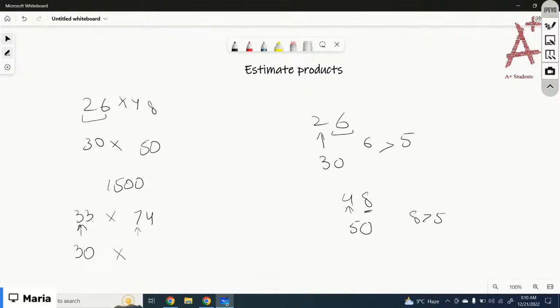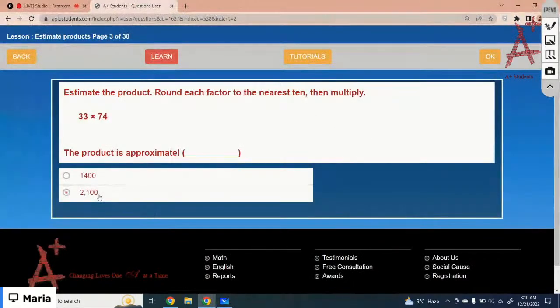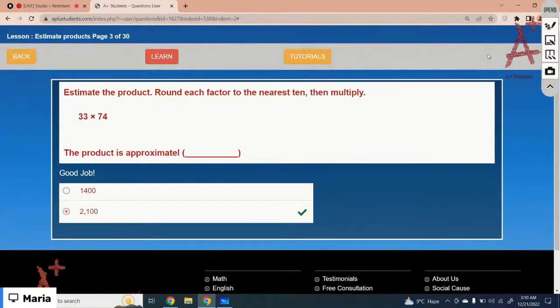So 7 is at the tens position. The right next digit is 4. 4 is less than 5. You have to round on the same 10. So it would be 70. 7 times 3 is 21. Multiply the non-zero numbers and write zeros as it is. So it would be 2100. Very good. You're doing great. So the correct option is 2100. Just select the correct option and click on the OK button.